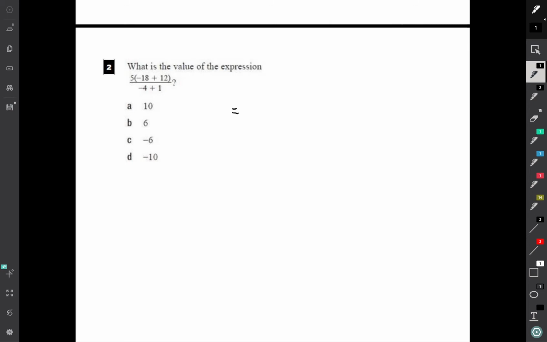I'm going to leave the 5 as it is, and I'm going to simplify. So -18 plus 12, that will give us -6. Then on the bottom, I can combine those terms right away. So I can do -4 plus 1.